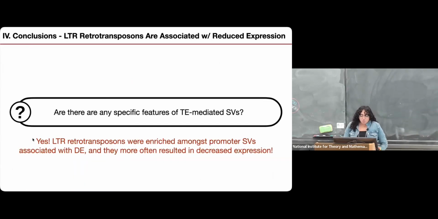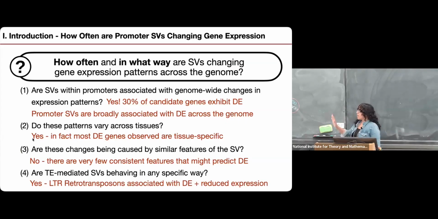So the only defining characteristic we could find of promoter SVs associated with differential expression had to do with the actual sequence content or superfamily of TE-mediated SVs, with LTR retrotransposons in the promoter being associated with differential expression, and in particular being associated with reductions in expression. And so kind of wrapping up what I've talked about so far, we do find that promoter SVs are associated with genome-wide changes in differential expression, and these changes appear to be context or tissue-specific in nature.